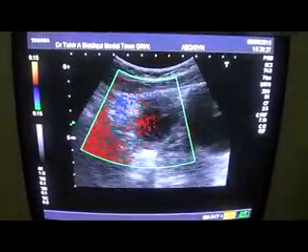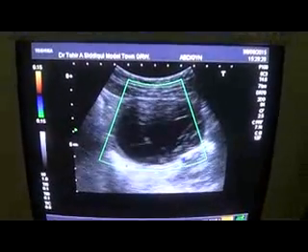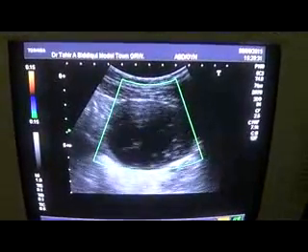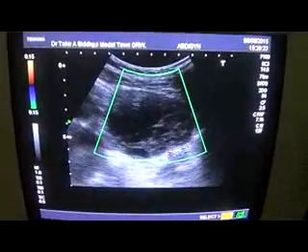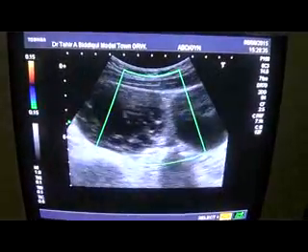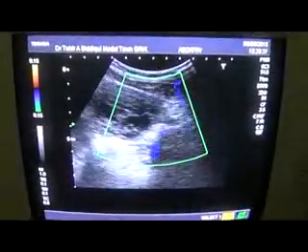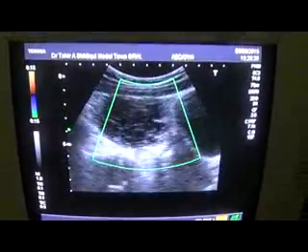A very typical appearance of a hemorrhagic cyst. However, the possibility of endometrioma cannot be ruled out due to the age of the patient as well. And it is left-sided.